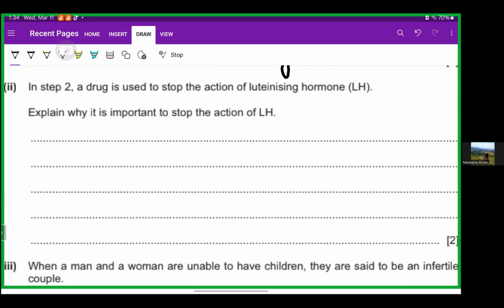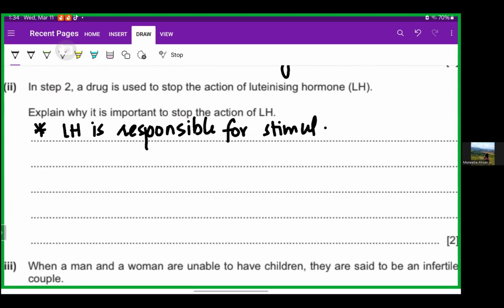Because luteinizing hormone, which is LH, is responsible for stimulating the release of eggs.